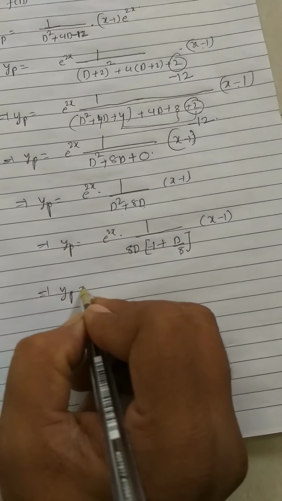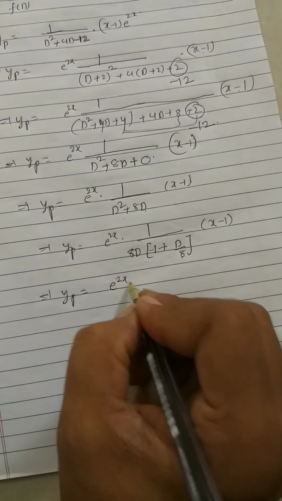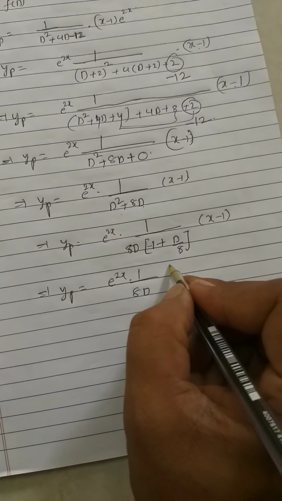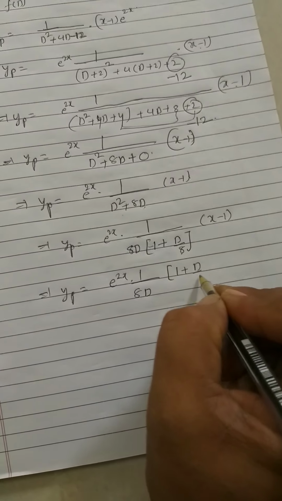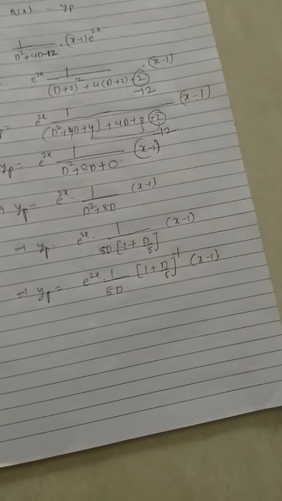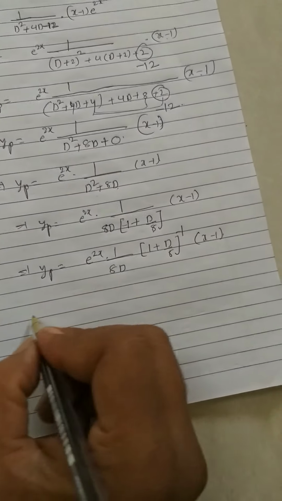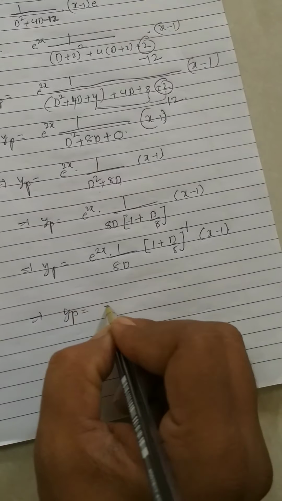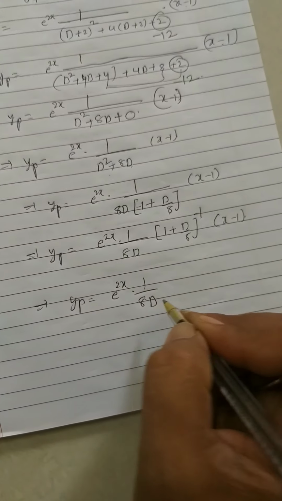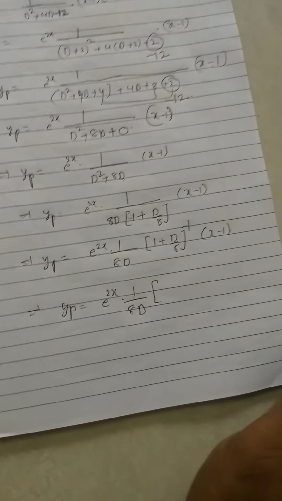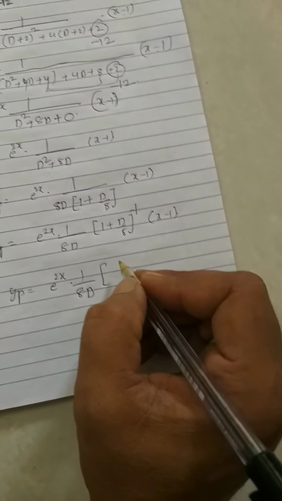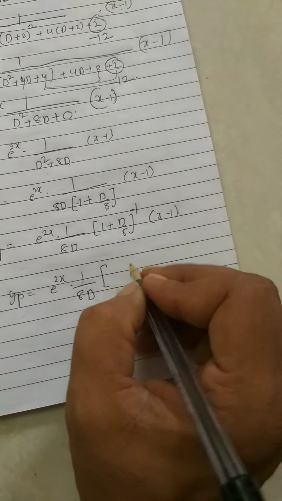That is, yp is equal to e power 2x into 1 by 8d, now this becomes (1 plus d by 8) whole power minus 1, into x minus 1. Now this implies yp is equal to e power 2x by 8d into, what is the expansion of (1 plus d) whole power minus 1? 1 minus d plus d square and so on, no?